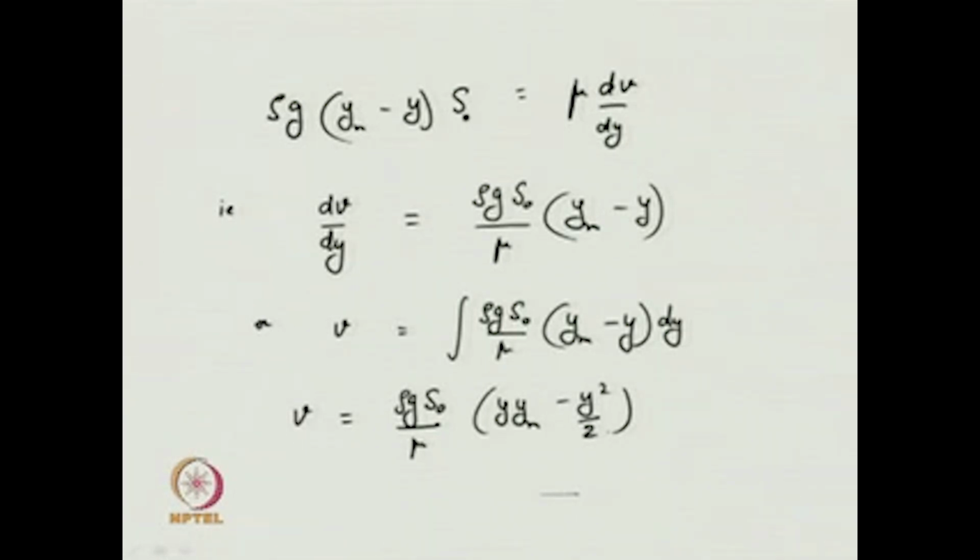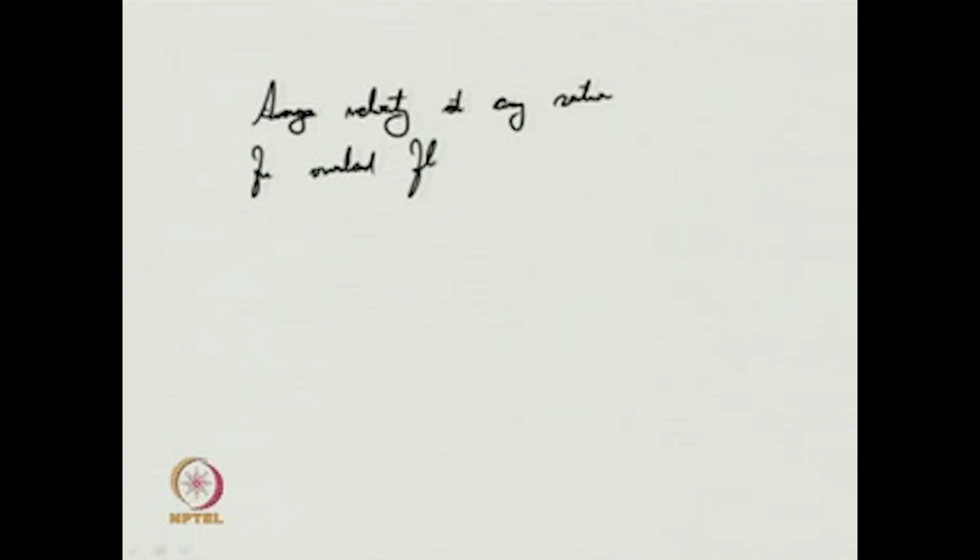You can now compute the average flow. This is with respect to any height y. So, you can compute the average velocity at any section for overland flow. You can give this as v bar. This is 1 by ym, where ym is the depth of the overland flow, times the integral of v dy.